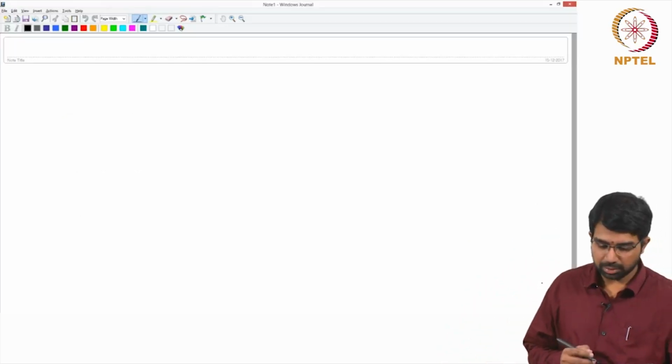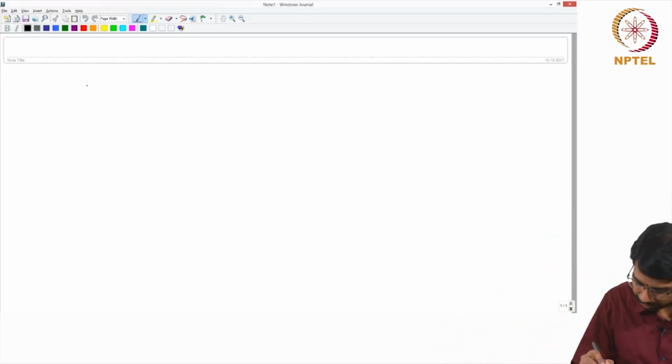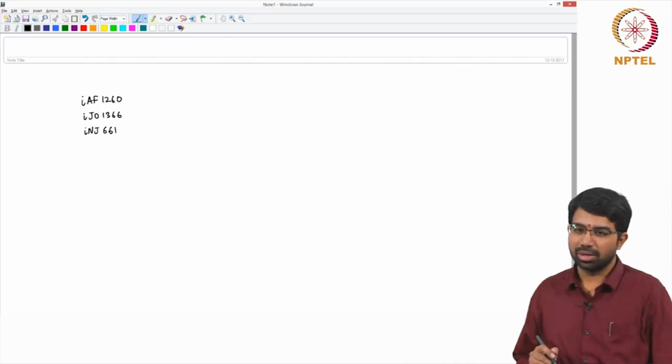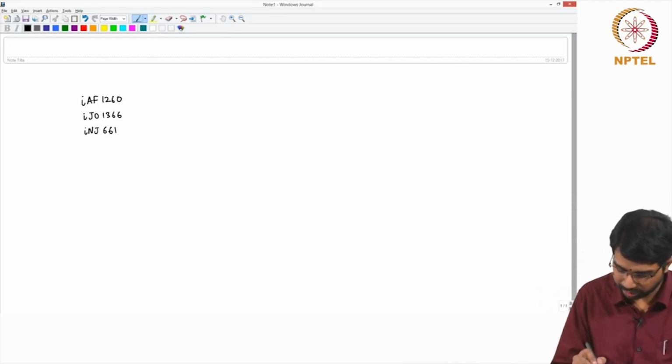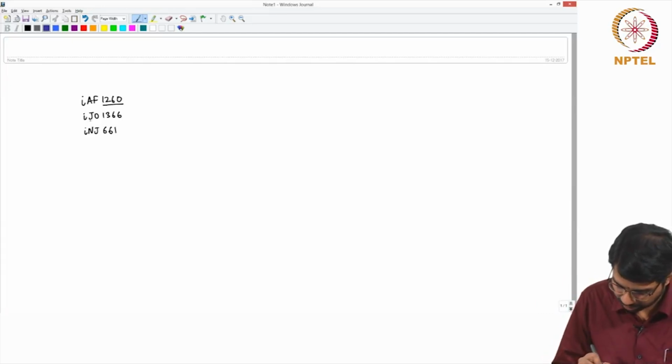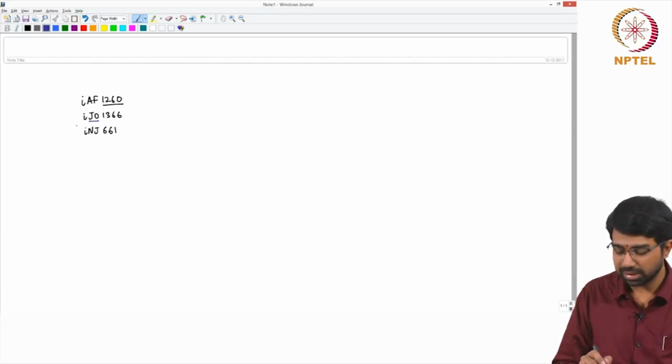So typically a model is written like this. This is a small nomenclature. This is the number of genes, and these are the initials of the first author of the paper that is involved.